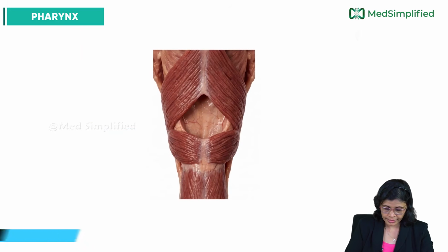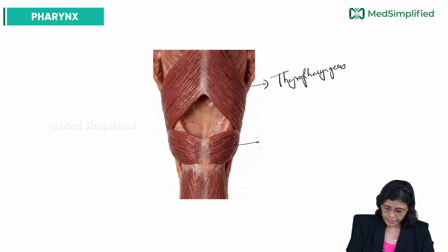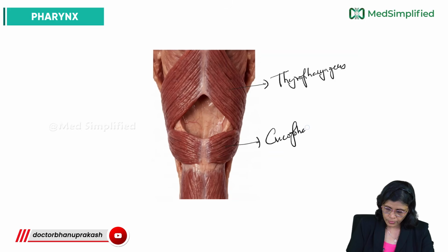So here you can see that gap, right? This is just for you to understand. This is the mucous membrane, this is the thyropharyngeus part, and this is the cricopharyngeus part.